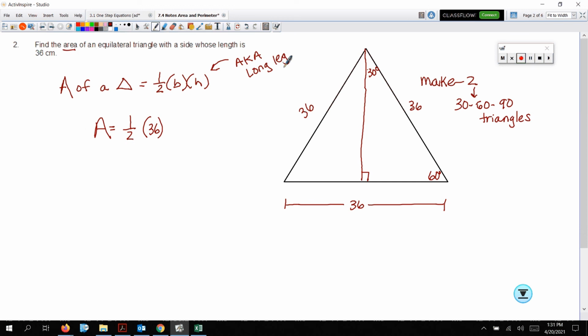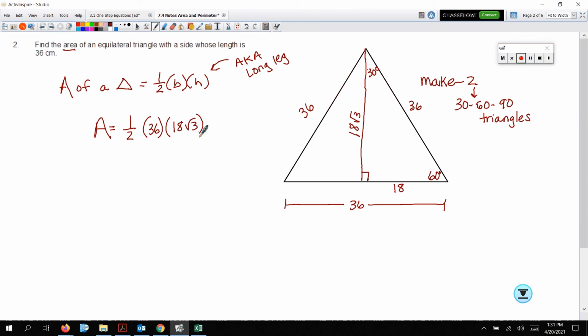I think we'll see that in another example. So remember the relationship with a 30-60-90. The hypotenuse, so this side here, is actually twice the length of the short leg. So 36 divided by 2 is 18. And then the long leg, or the altitude, or the height, is root 3 times the short leg. So 18 root 3. That is the height of the triangle. Now we can plug that in here.